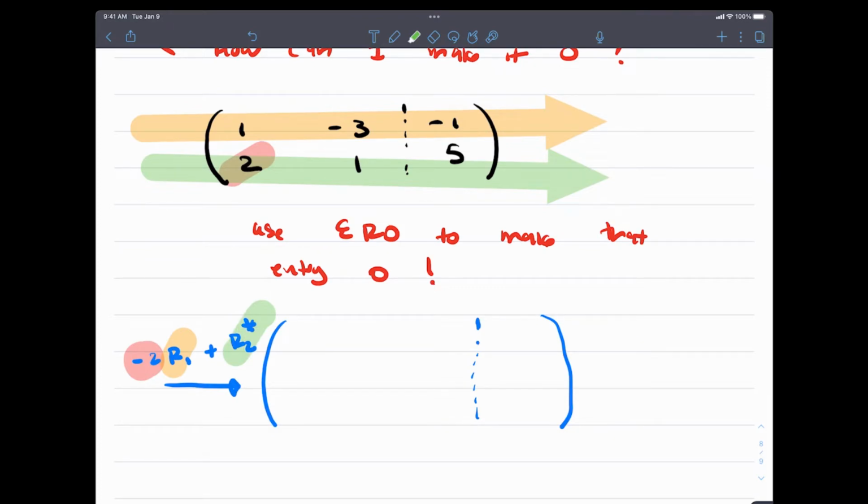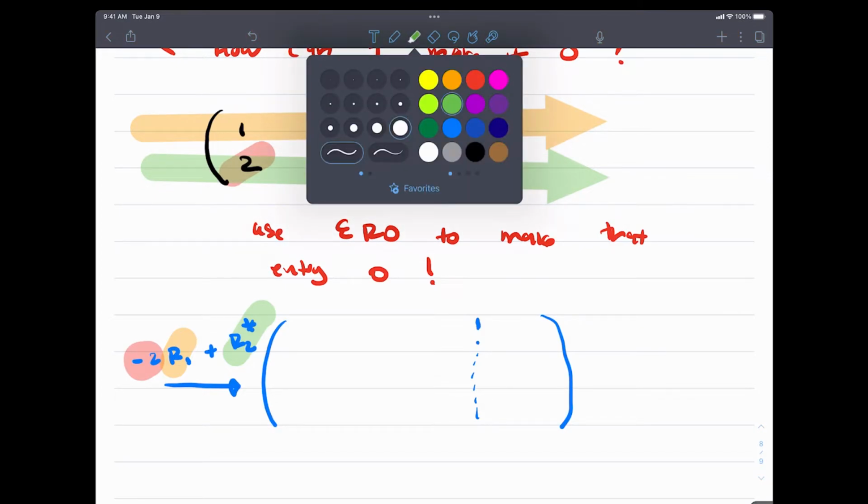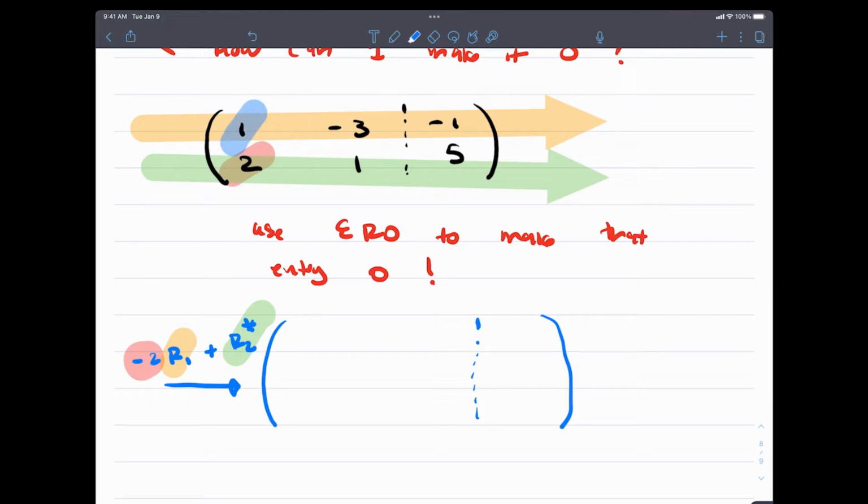Let's see what happens. What do you think is going to happen? So tell me, what is -2 times +1? Then add it with +2. What do you get?